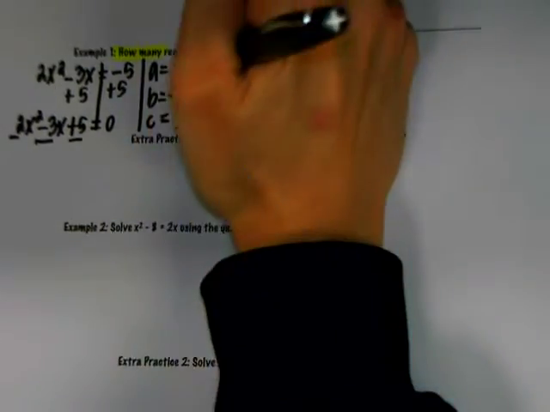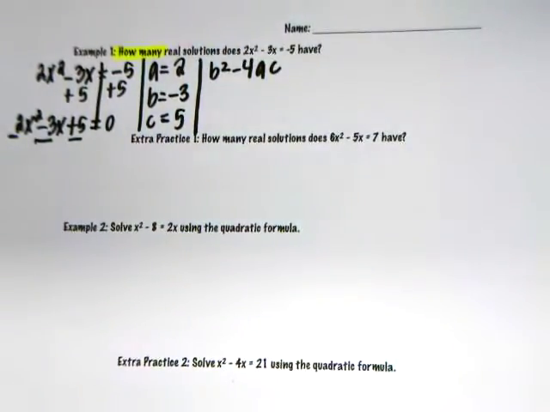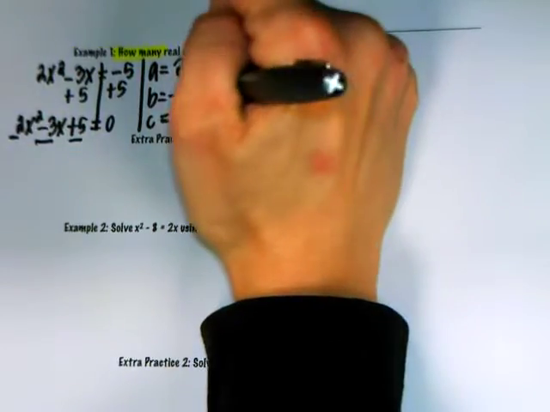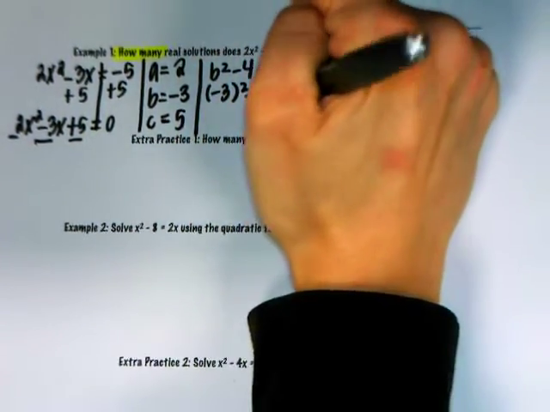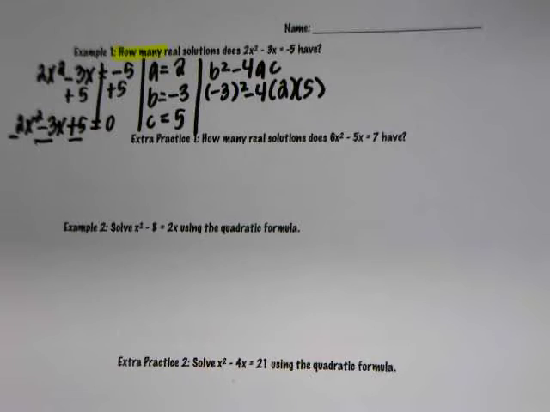So the discriminant is b squared minus 4ac. So plug in your values, always use parentheses. So negative 3 squared minus 4 times 2 times 5. And you're just going to put that straight into the calculator.